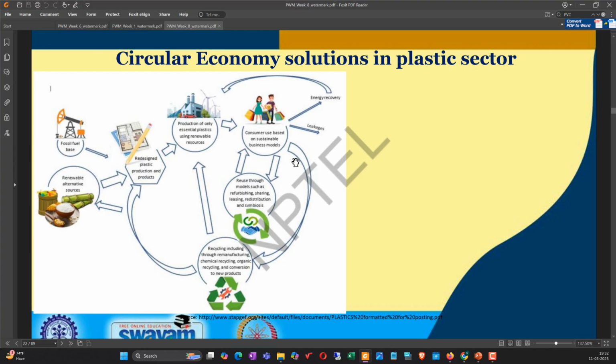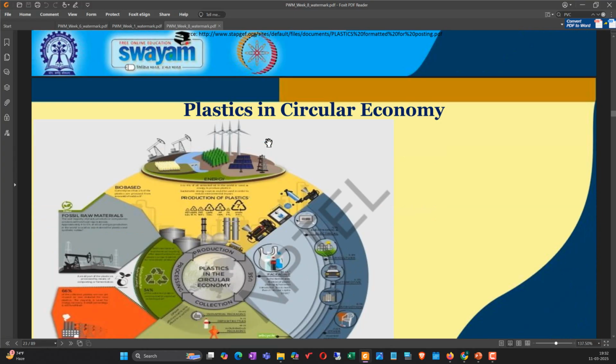The challenge with this is the strength that is required for a lot of industrial activity. The quality of plastic required for some work, that property is not met by the one coming from renewable alternative resources, or if it is coming, the cost is very high. Those are some of the challenges that have to be sorted, right?